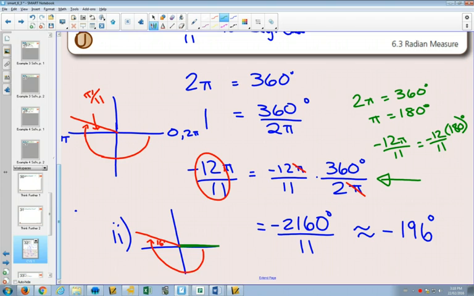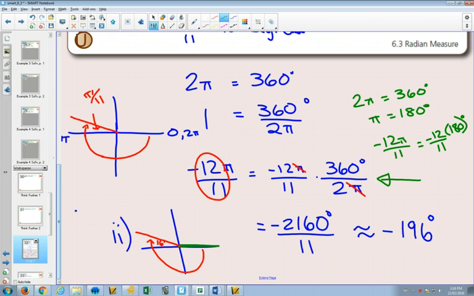So if I say to you, what is pi over 2 in degrees? If you do the shortcut, 180 divided by 2, 90 degrees. If I say, what is pi over 3 in degrees? 60 degrees.